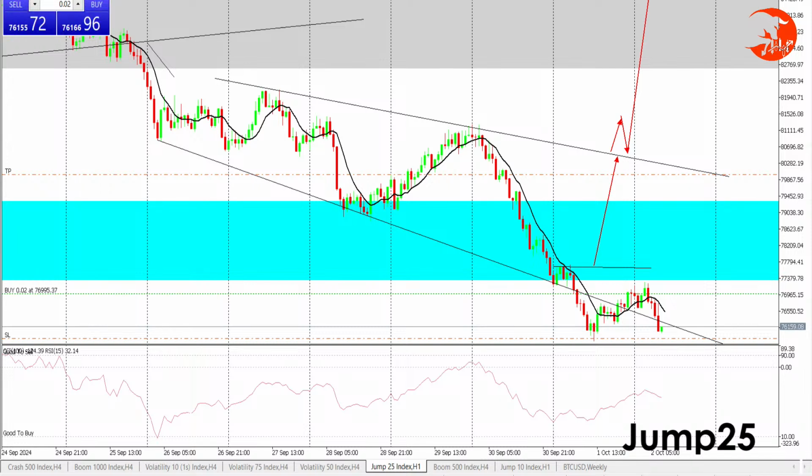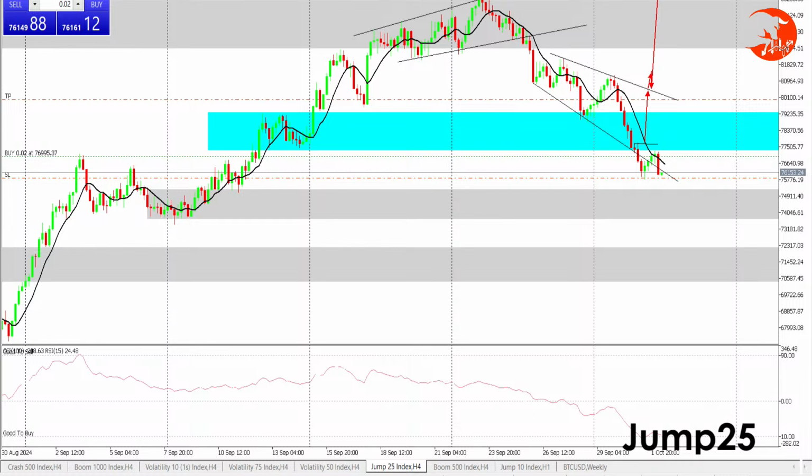Yesterday I made my entry when it entered back into the falling expanding wedge there. Right now I'm in some floating losses, but I've set my stop loss there.